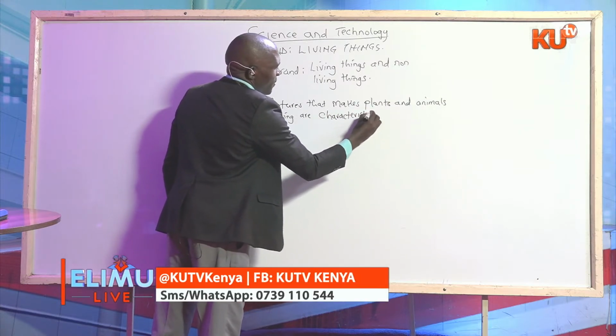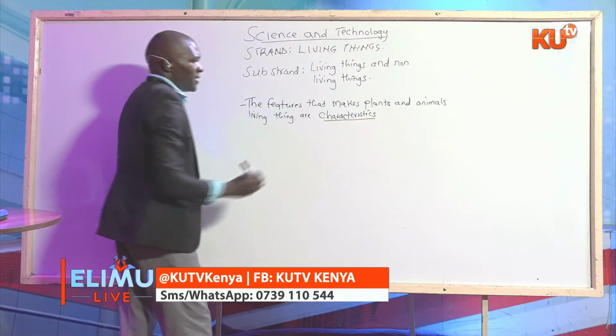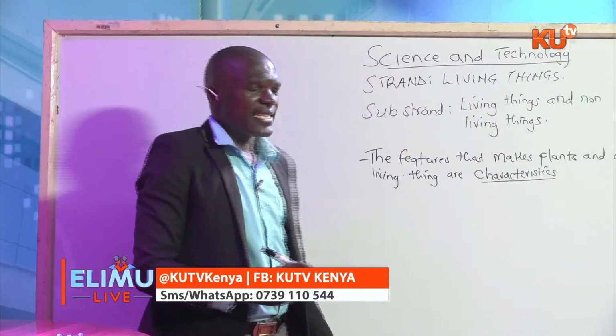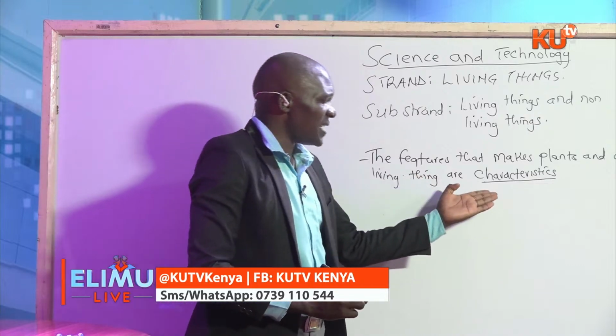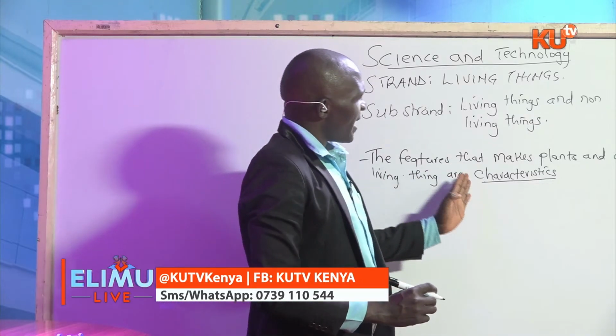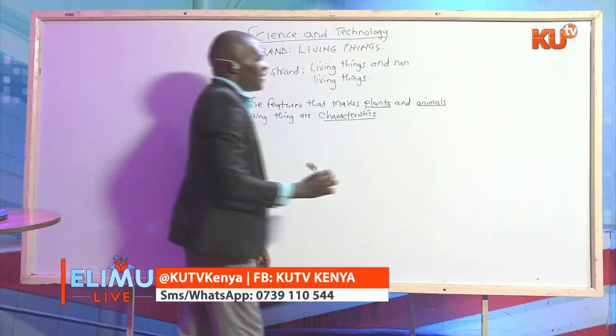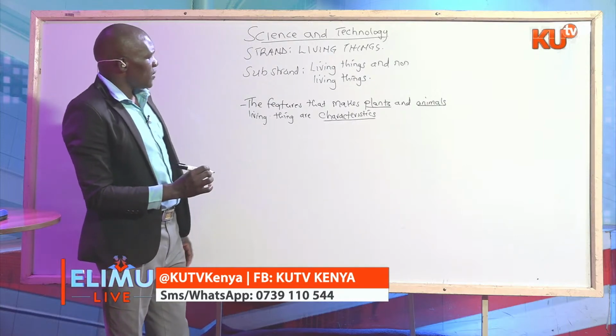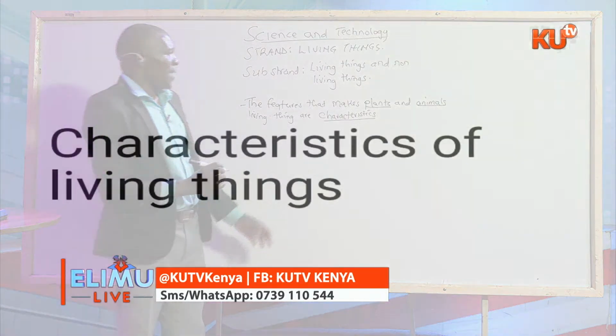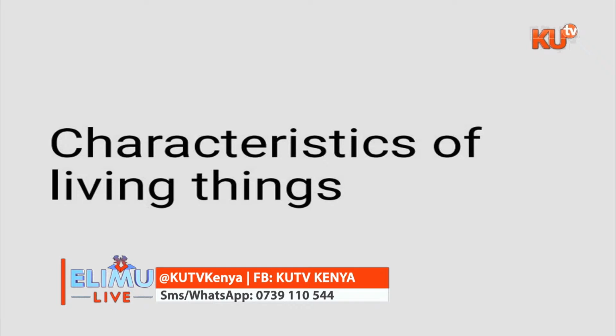These are what we call characteristics. So characteristics are just features that make plants and animals. And you know, plants and animals are our core value in this strand, whereby we are going to look deep into it. So the features that make them to be called living things, these are what we call characteristics of living things.